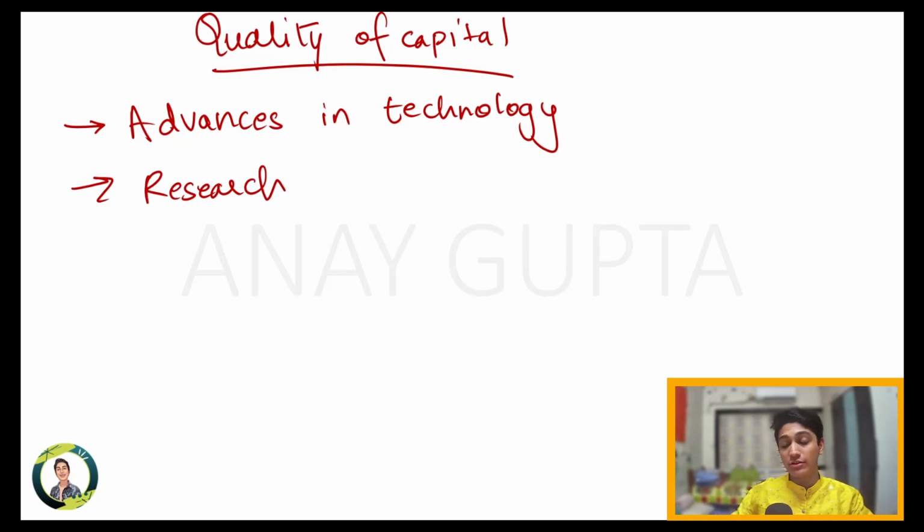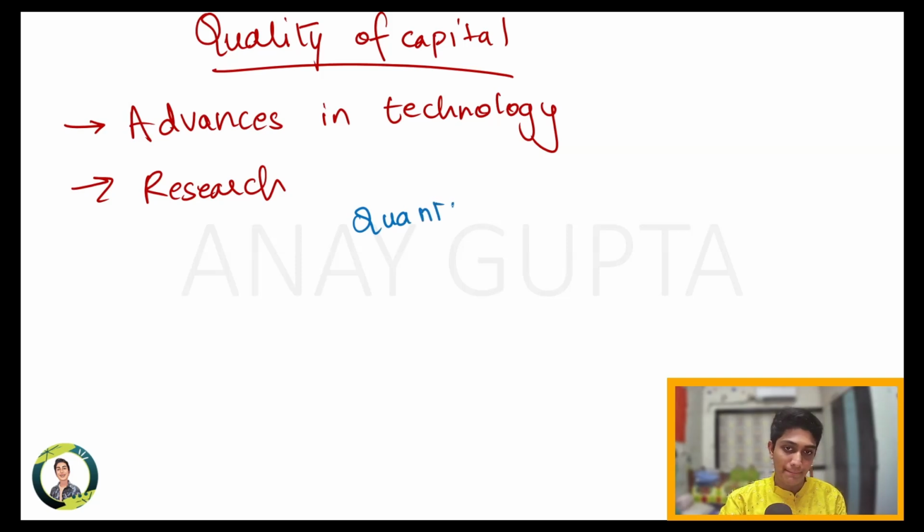Are there new methods of production that have been developed? So all of this research really influences the quality of capital in the sense of machines. But again, you could speak about them in very different aspects if you cite the examples of what capital good you are referring to.